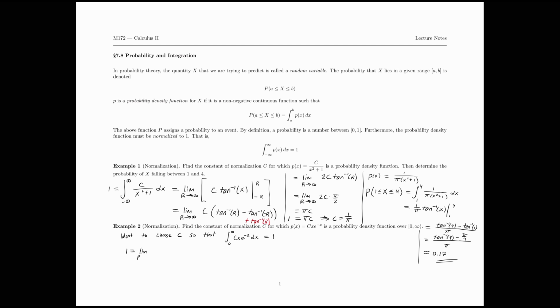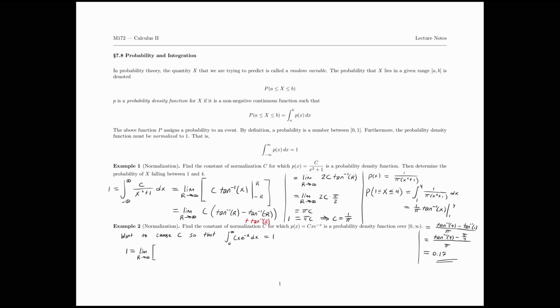The limit as r goes to infinity of this integral here, so 0 to infinity, we're going to replace this infinity with an r and then use a limit to push r to the limit. So we'll go ahead and run integration by parts.